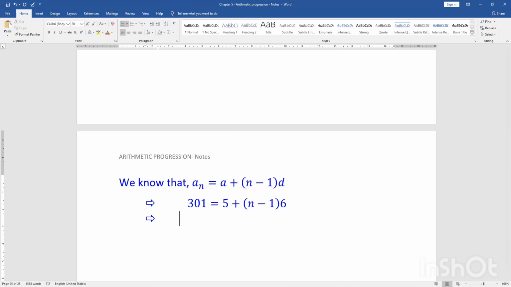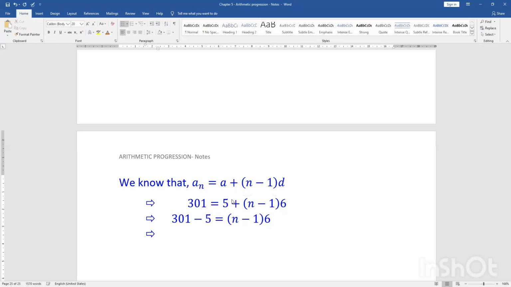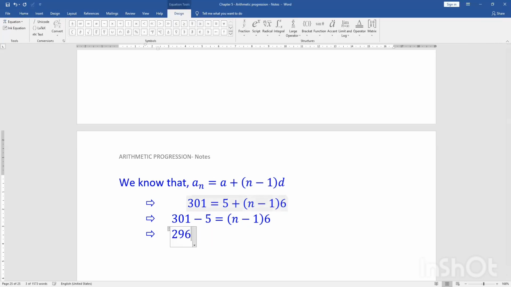Or I can write it as 301 minus 5 is equal to (n minus 1) into 6. This will give you 296. Correct? 296 equals (n minus 1) into 6.